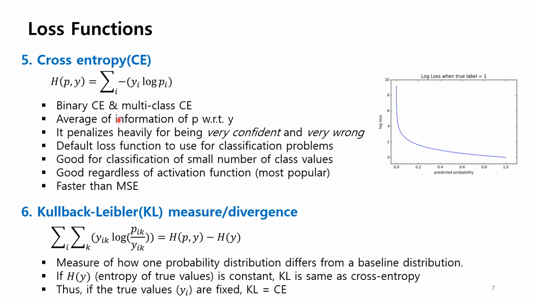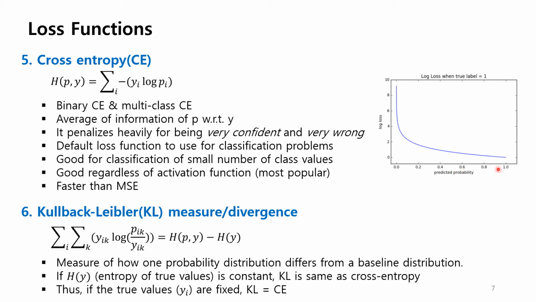The characteristic of cross entropy is it gives a lot of penalty when the prediction is very confident but very wrong. So for example, if you look at this picture here, let's say the true value is 1, and this is your prediction. If your prediction is very close to 1, its error is very small, very close to 0.